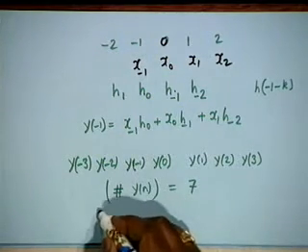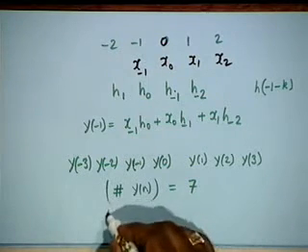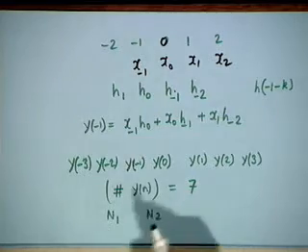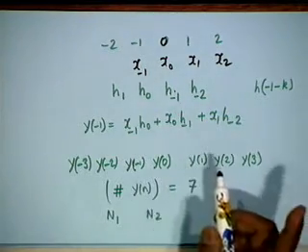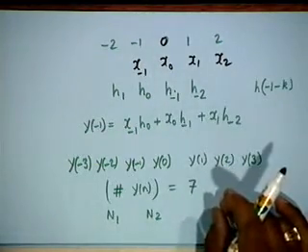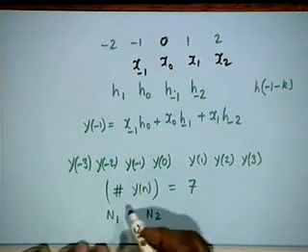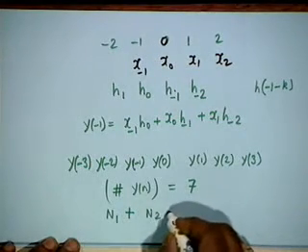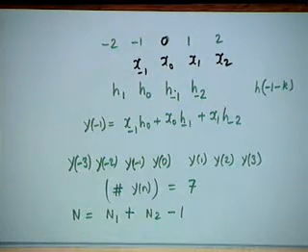In general, if the 2 signals which are being convolved have lengths of n1 and n2, if x1 has length n1, x2 has length n2, not necessarily 0 to n2 minus 1, it could have started in the left and gone to the right, then y of n shall have n1 plus n2 minus 1 number of non-zero samples.